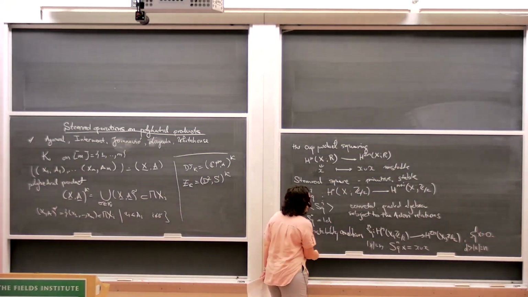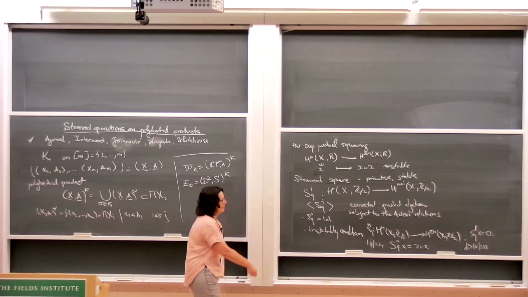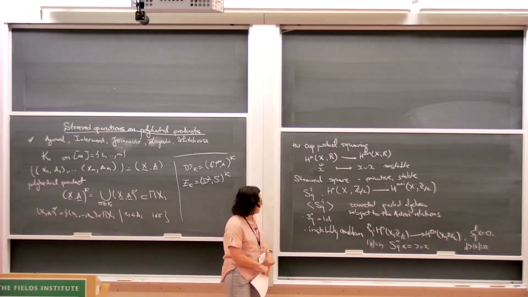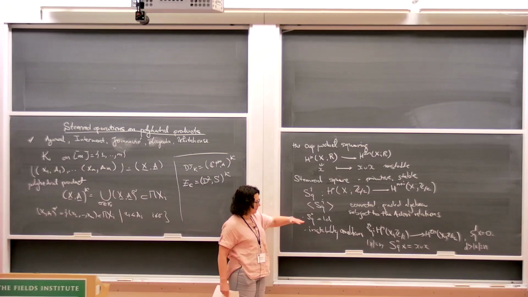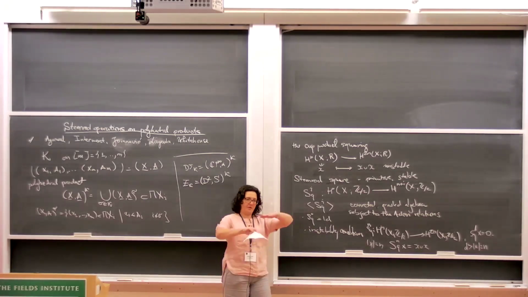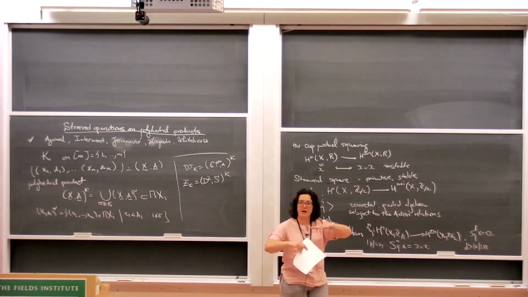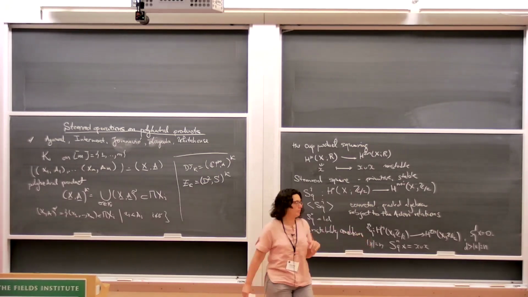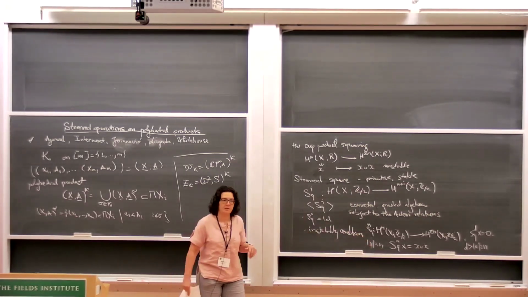Okay, and then I won't write all the axioms, but just say that the interplay of the Steenrod squares with the cup product is given by the Cartan formula.